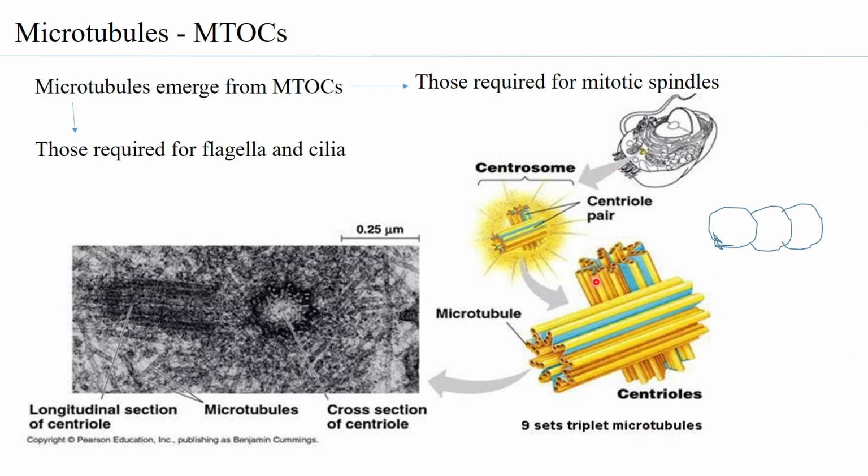At the center you don't have any microtubule present. Therefore this arrangement is called the 9 plus 0 arrangement of microtubules. This centriole becomes the base for formation of 13 protofilament microtubules.